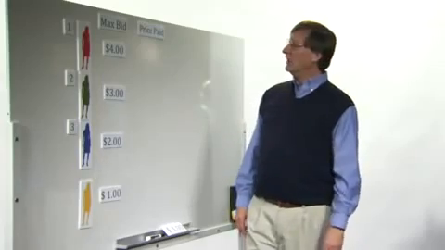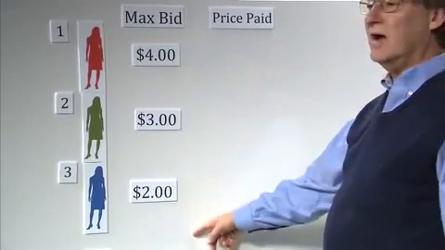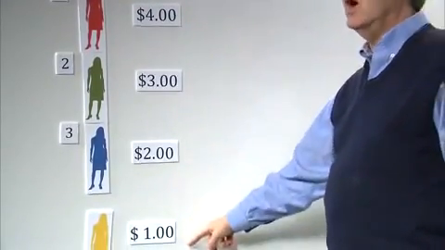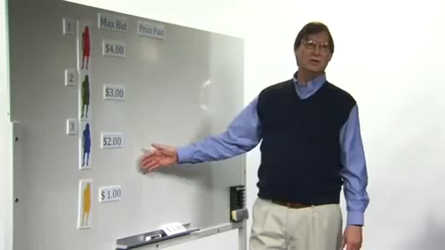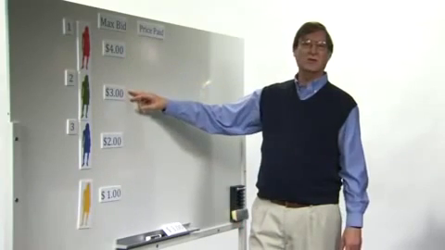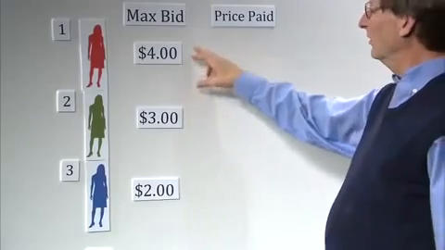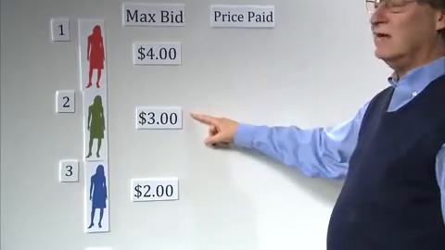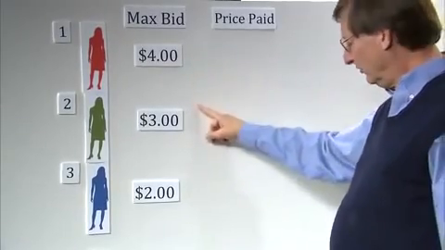So advertisers only have to pay when they receive a click. In this particular case, we have our four advertisers with different bids: 4, 3, 2, and 1. And the ads are ordered in terms of those bids. Highest bidder gets the first position, second highest bidder the second position, and so on. They don't have to pay their bid when they receive a click. They only have to pay the bid of the advertiser below them.